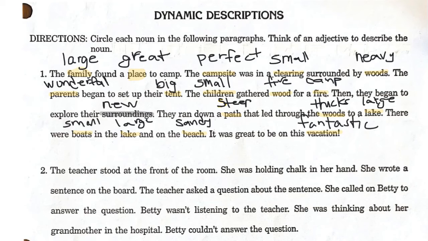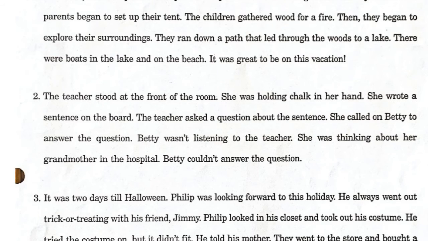You will want to pause this video and make sure you have copied down what I have done to the first paragraph. For paragraph 2, I will help you find the nouns. Then you have to go back and add the adjectives. I'm looking at the first sentence, and it says the teacher stood at the front of the room.